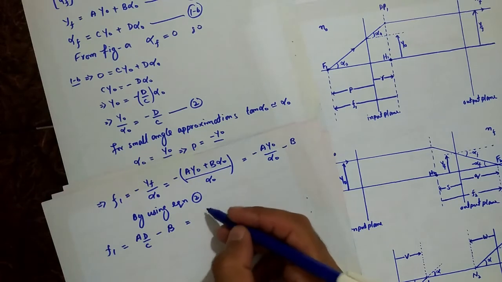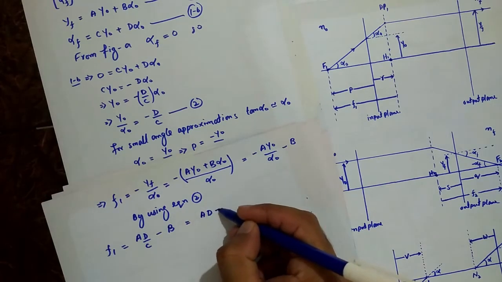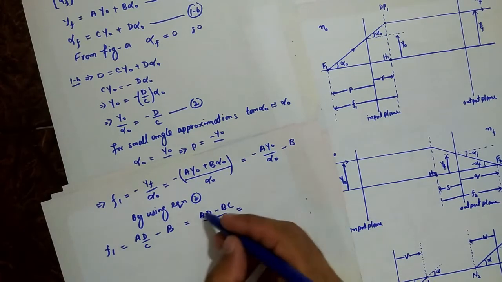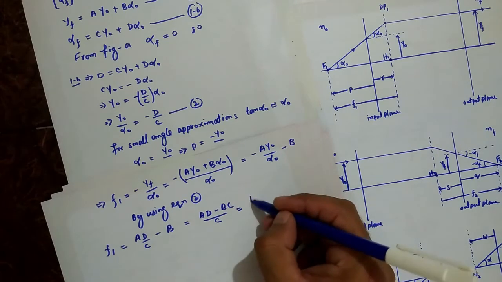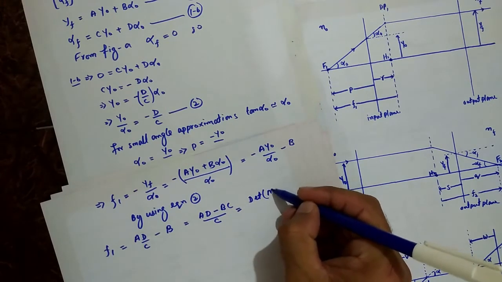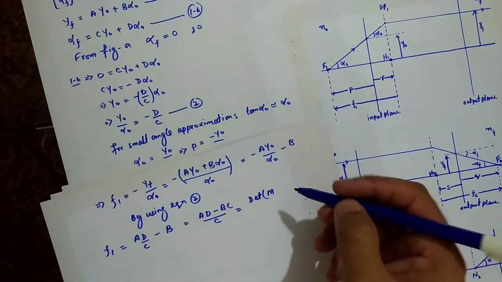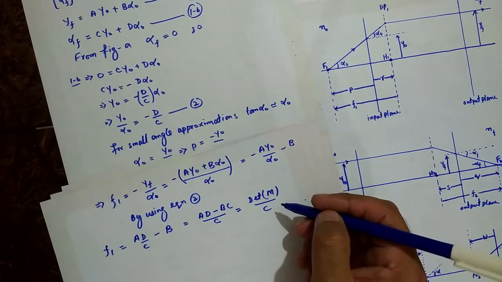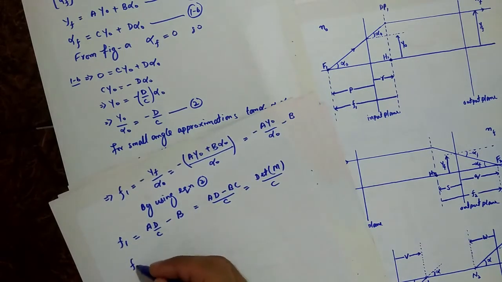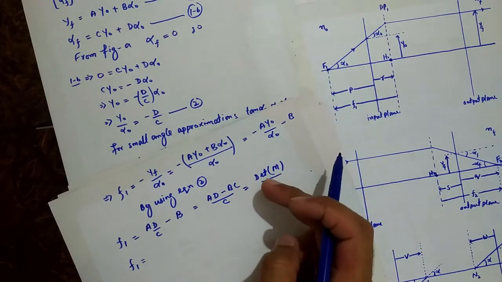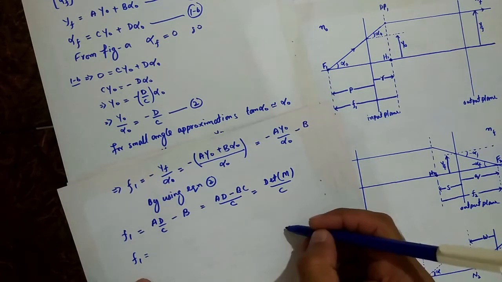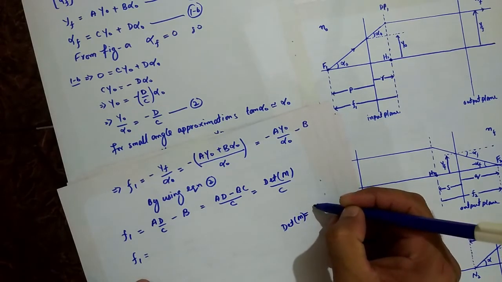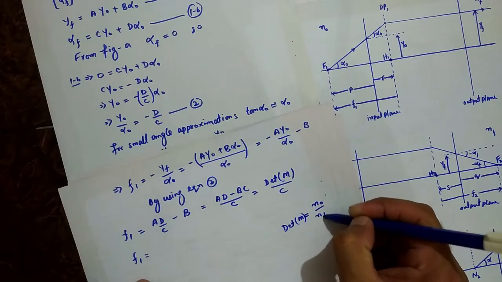or we can write it as ad minus bc upon c, and this ad minus bc is the determinant of the matrix M, over C. Clear? Yesterday in our previous lecture we found that the determinant of M is always equal to the ratio of the initial and final media.